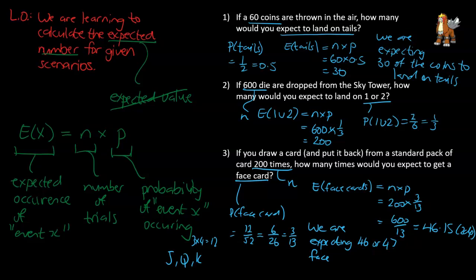So 46 or 47 face cards when drawing from the pack. And this part here will be really important if it's a messy Excellence question. Without that contextual understanding of not being able to get 0.15 of a card, that's really important. You won't be getting Excellence without that type of statement.